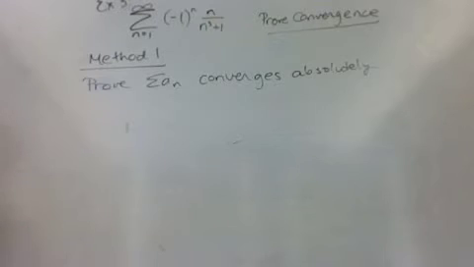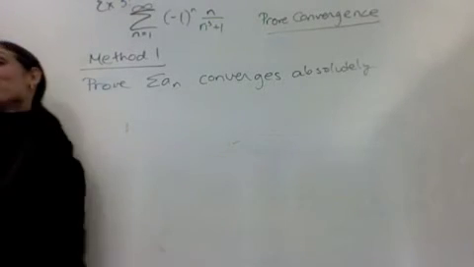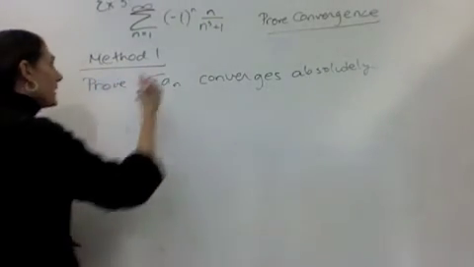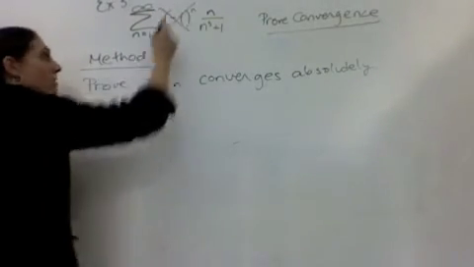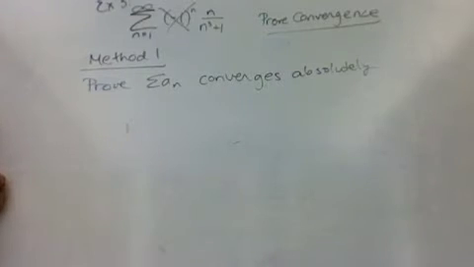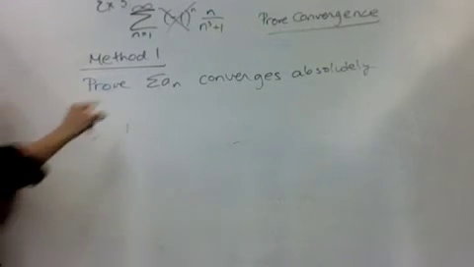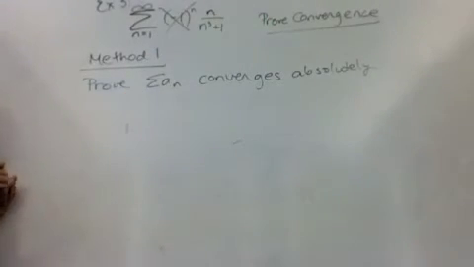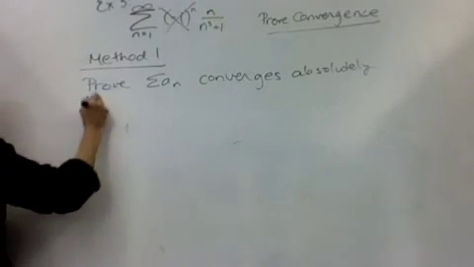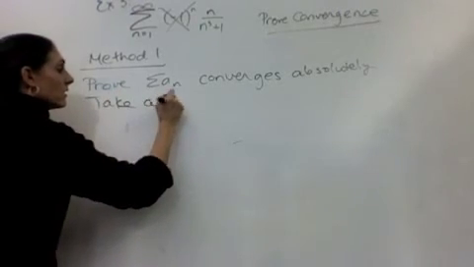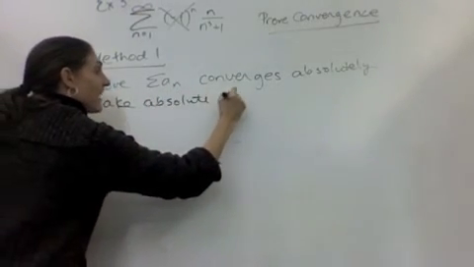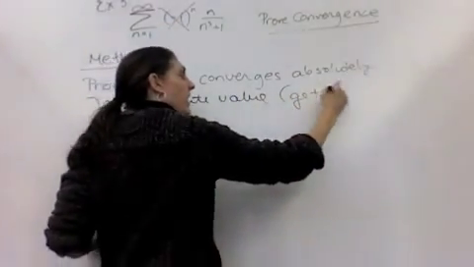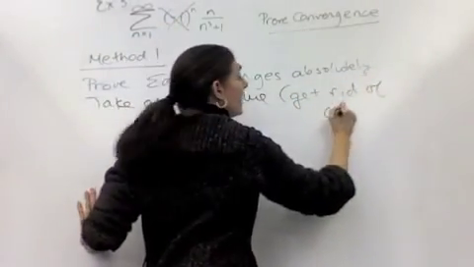All right, so let's prove that it converges absolutely. So this is what we're going to do. We're going to take the absolute value. You do not know any test that will work with that in there. So we're going to throw away, get rid of that negative 1 to the n.